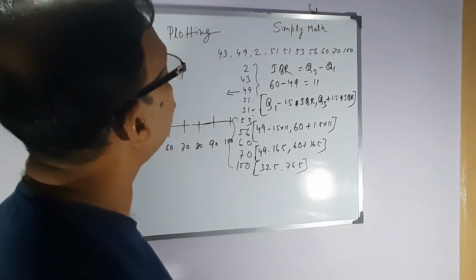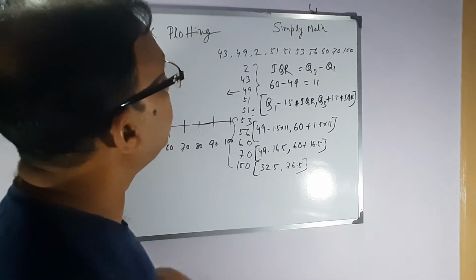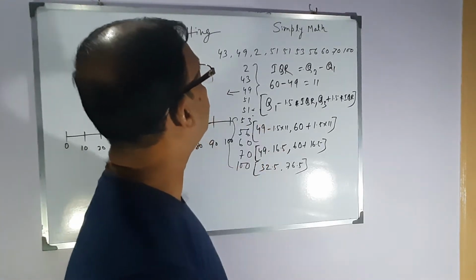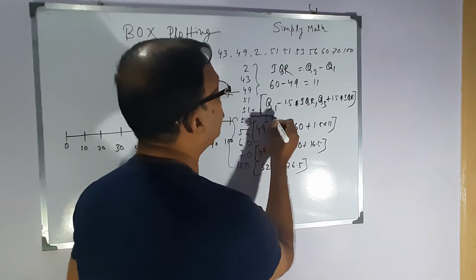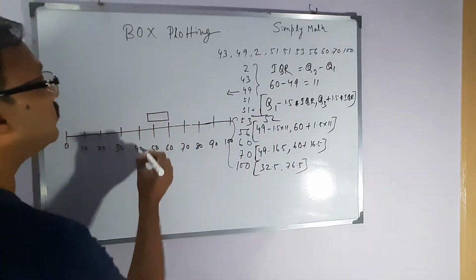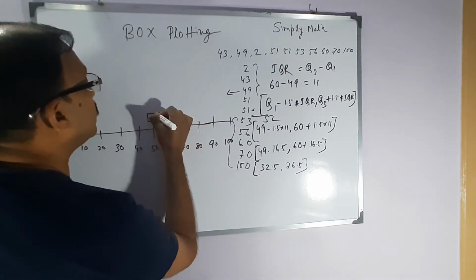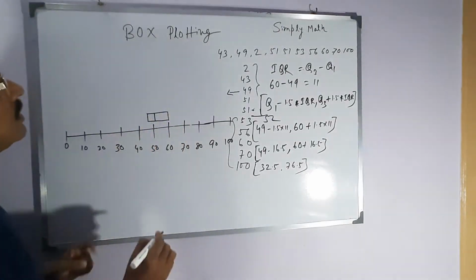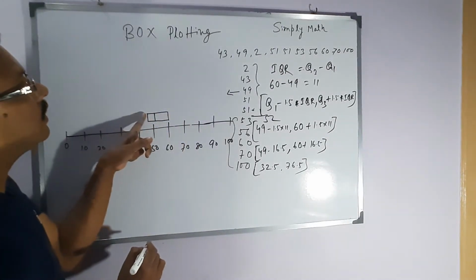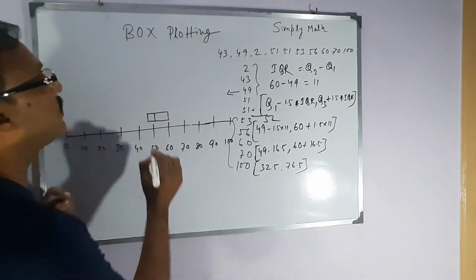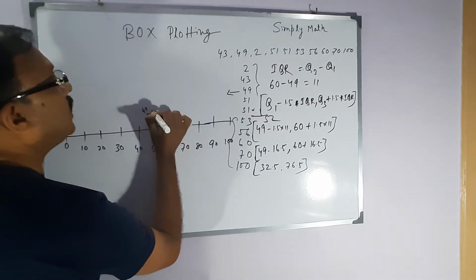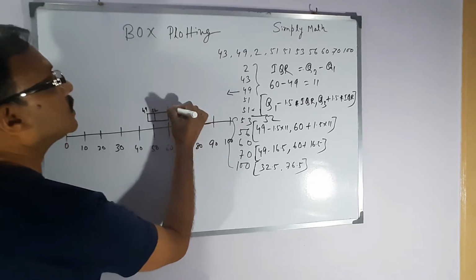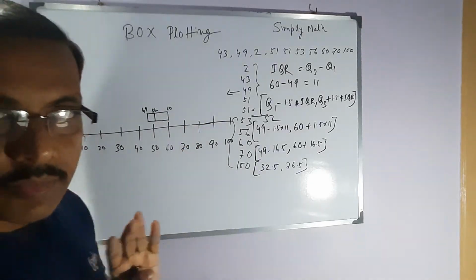What is the median value? Median value is 52. That means here. This is my median, right? This is my lower interquartile rate, and this is my upper interquartile rate. That is 49, 52, 60. This is my box plotting.